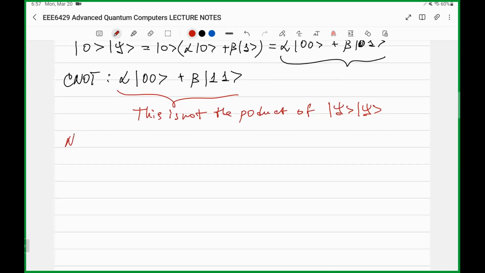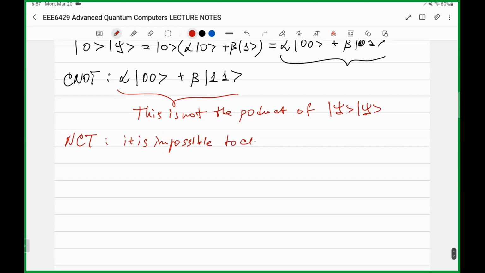So let's conclude this part with the no-cloning theorem. It is simply about the fact that it is impossible to clone a quantum state.